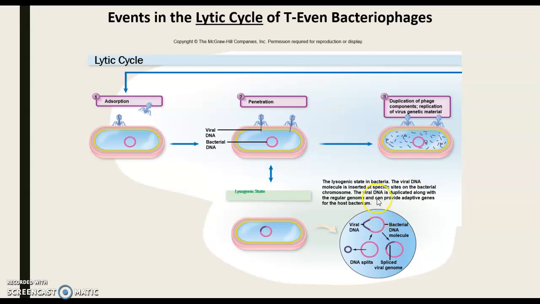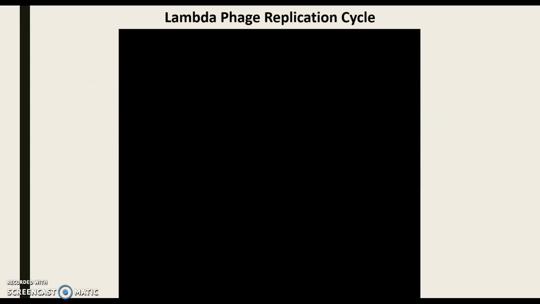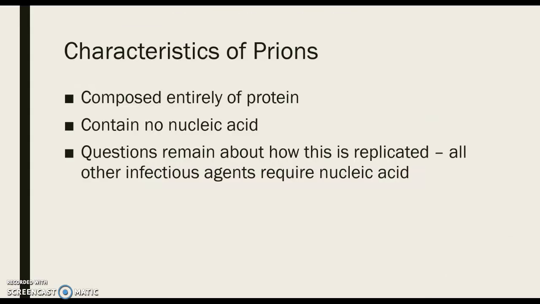And then eventually, when the time is right, it will start to replicate the genetic material and then move back into the lytic cycle. So it can actually go from the beginnings of the lytic cycle to the lysogenic state and then back to the lytic cycle. Okay, so watch those videos. Those will help you understand that a little bit better, as well as reading your textbook.